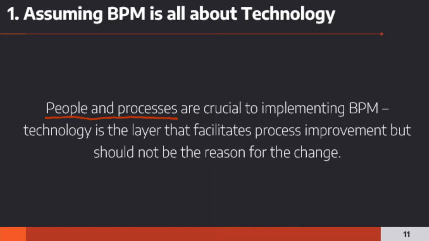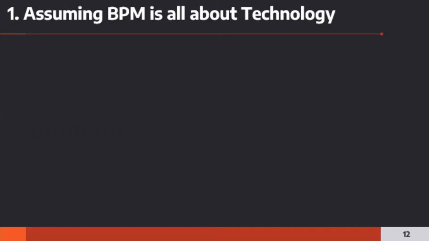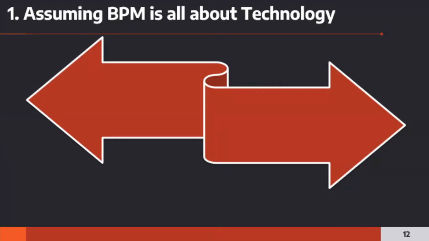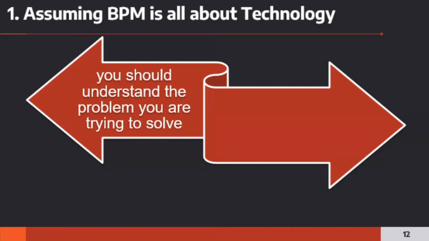Okay, so again, people and processes are very important. Although technology is the layer that facilitates this improvement, we should not always think of technology as the main basis as to why BPM should be implemented. So when you assume that BPM is all about technology, you should look at two things before using technology as your solution. Okay, number one, you should understand the problem you're trying to solve.